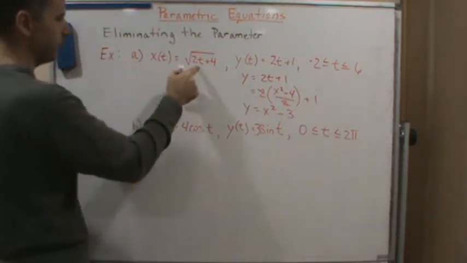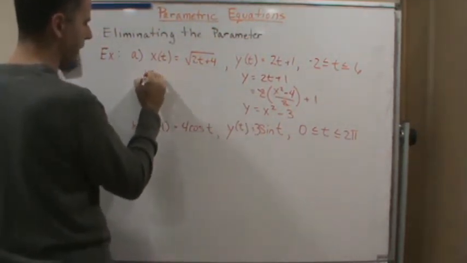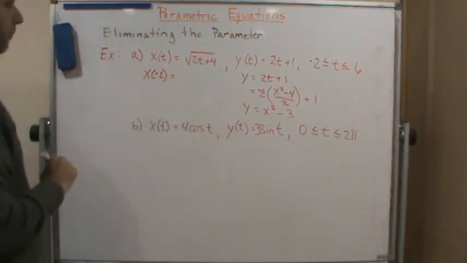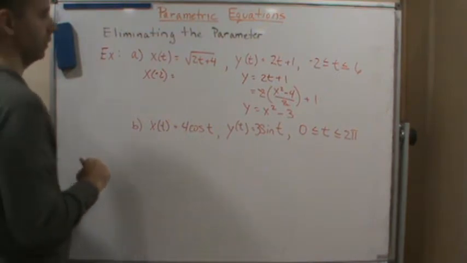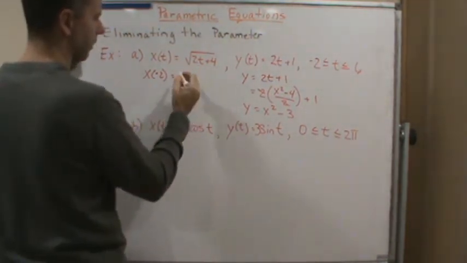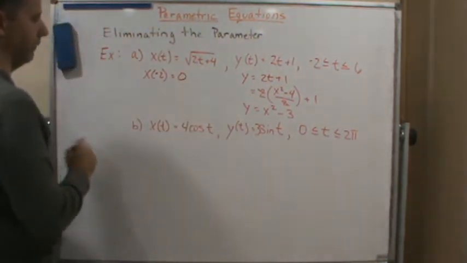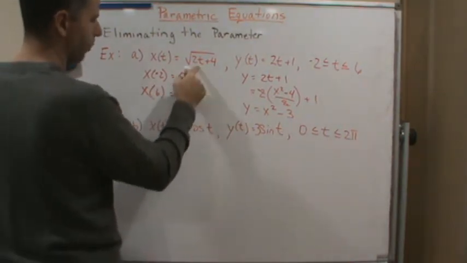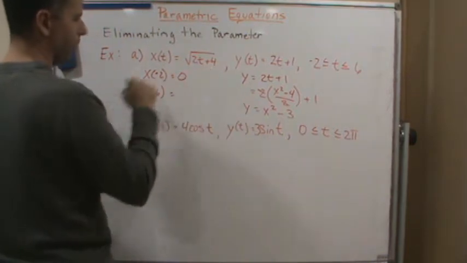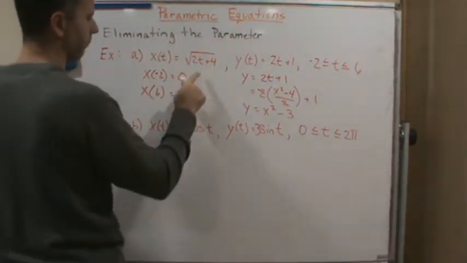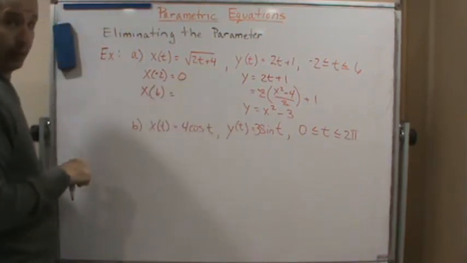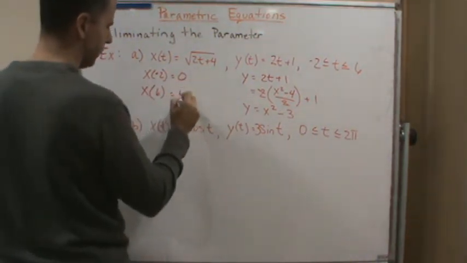So if we plug in -2 here, x of -2 gives us 0. And if we put in x of 6, what does that give us? Well, that gives us the square root of 16, which is 4.